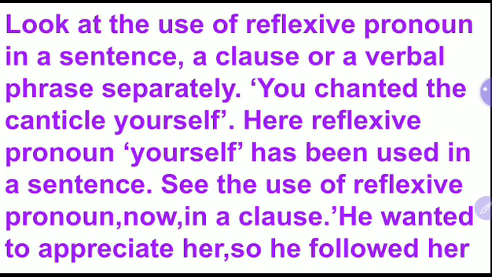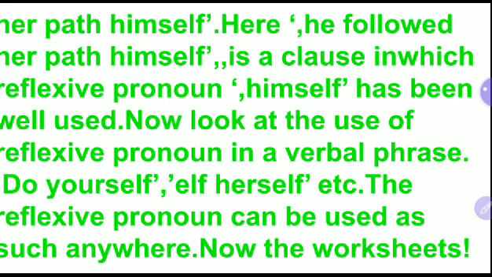Now next, if you want to see the use of reflexive pronoun in a clause, then another sentence is given here. He wanted to appreciate her, so he followed her path himself.